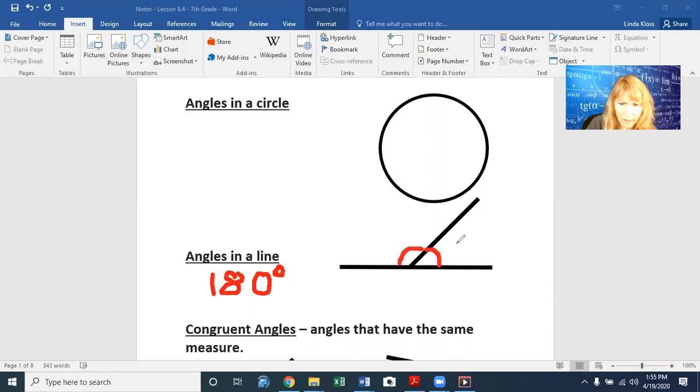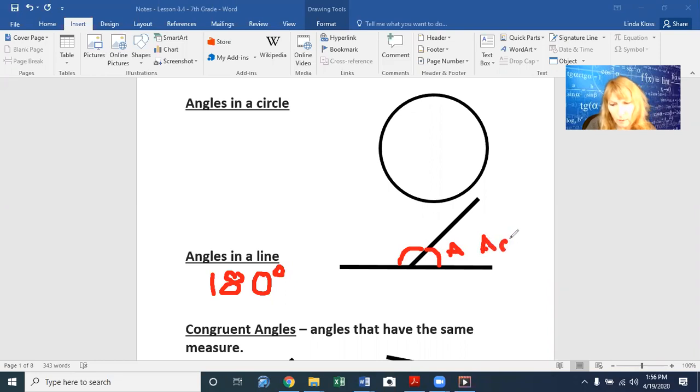Now I know that this angle right here, we'll call that angle A. Angle A. Acute or obtuse? Yes, that is an acute angle. It is less than 90 degrees, so that is acute.